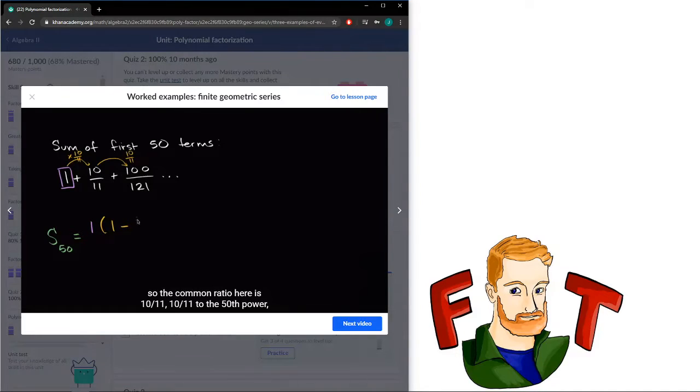The common ratio here is 10 elevenths, to the 50th power, to the power of how many terms we have, all over 1 minus our common ratio.